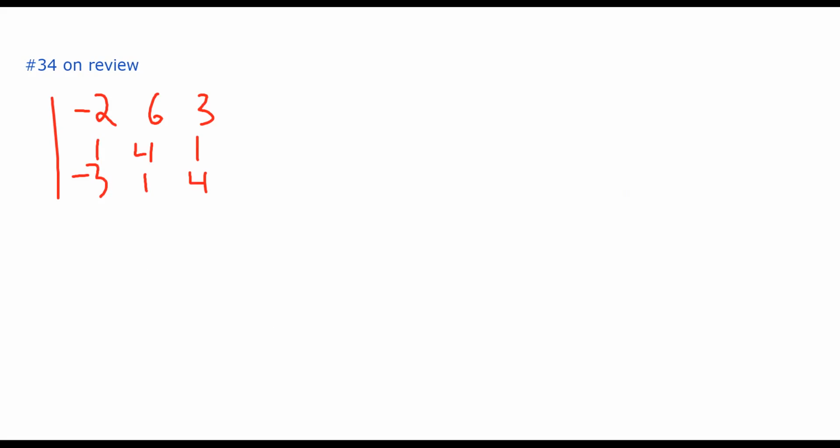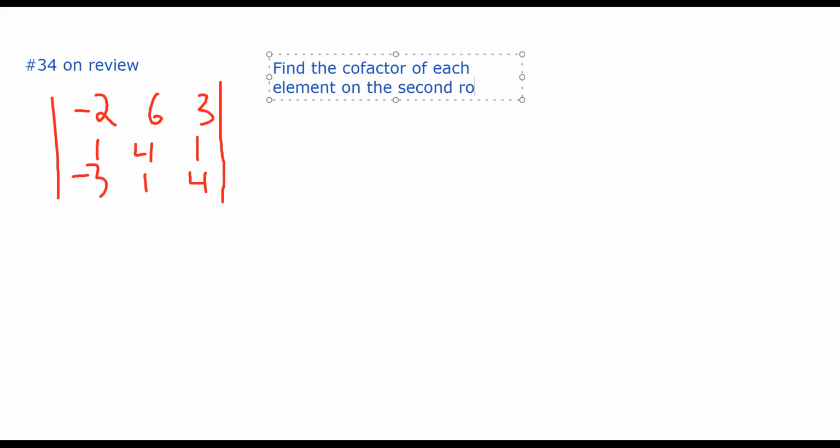And then I will show you what in the heck it even is asking for. It wants you to find the cofactor of each element on the second row.